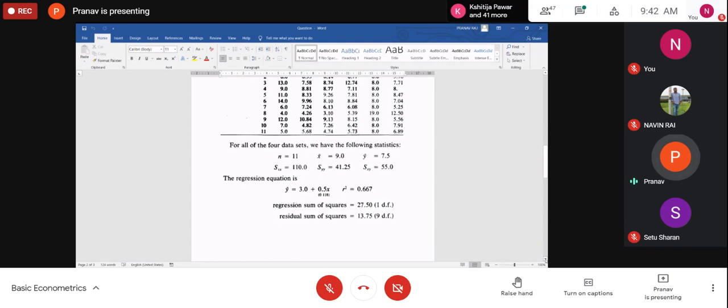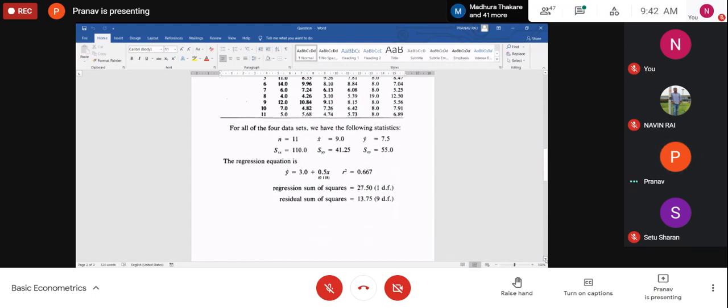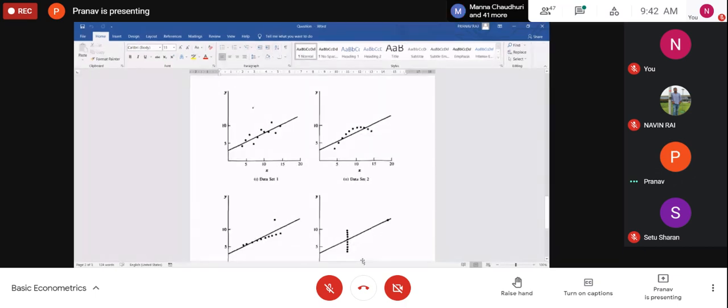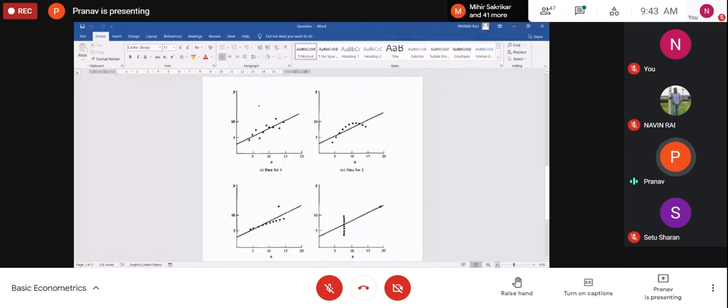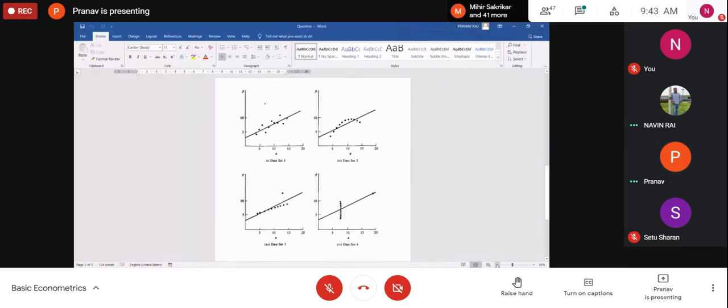What is really surprising is when you plot all these four data sets. Can you all see these four graphs now? Yes, sir. So when you plot all these four data sets as two-dimensional graphs, what you notice is that data set one has potentially no problem and is appropriately estimated by ordinary linear regression.